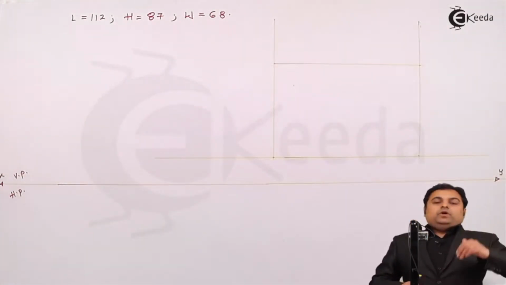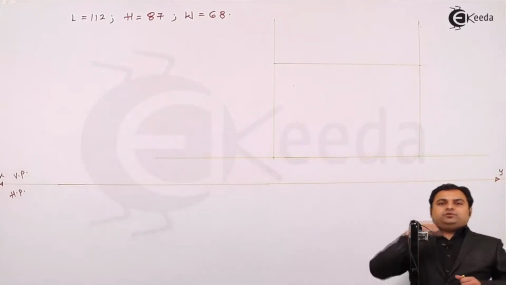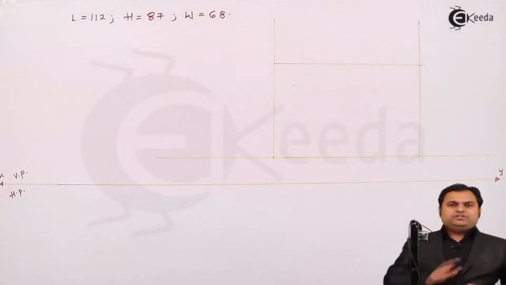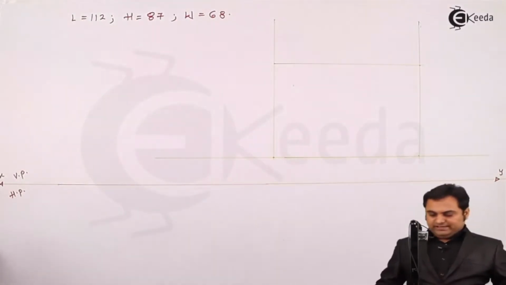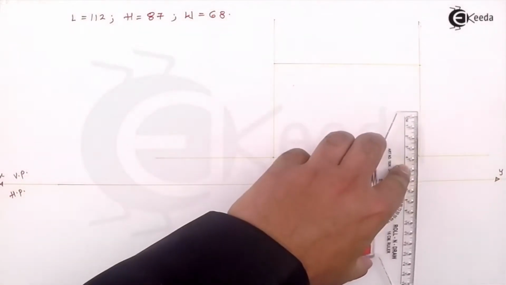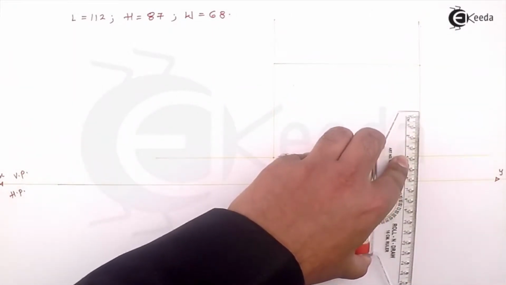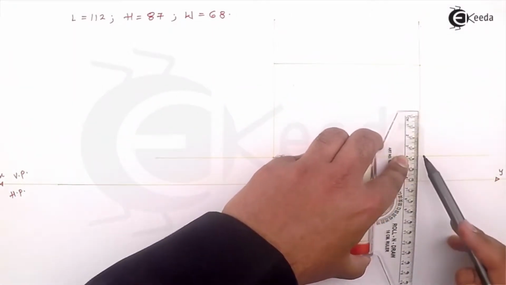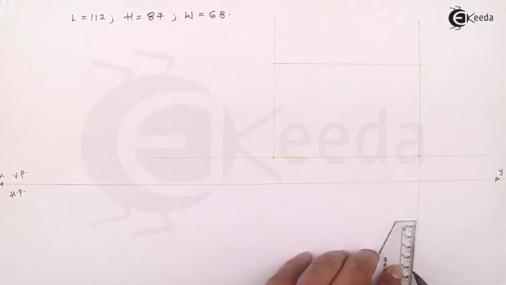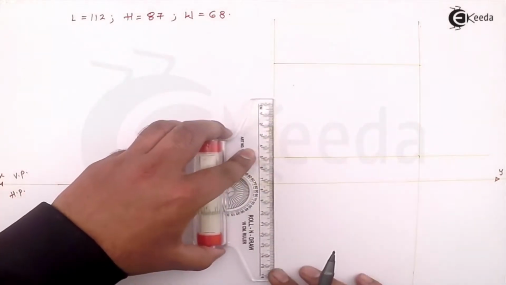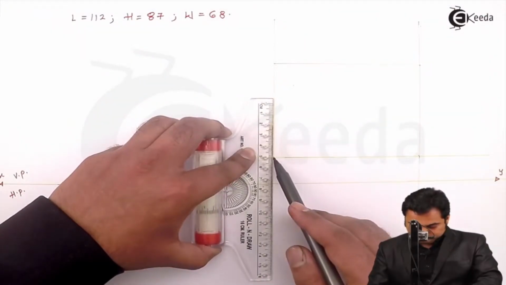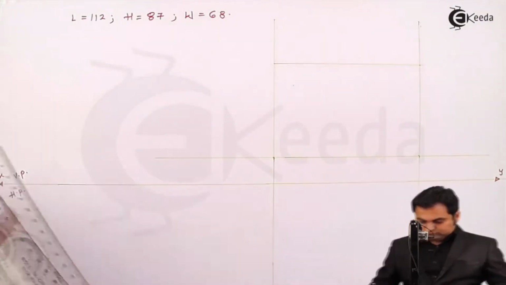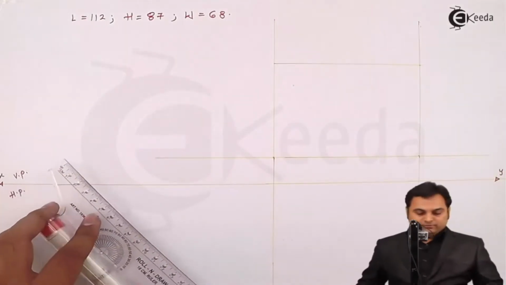Next, when we are looking at any given object from the top, the height of that object is not visible. So only length and width would be visible. Length I can take from the front view. So length I have taken from the front.